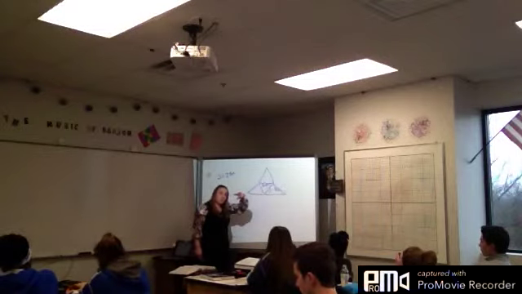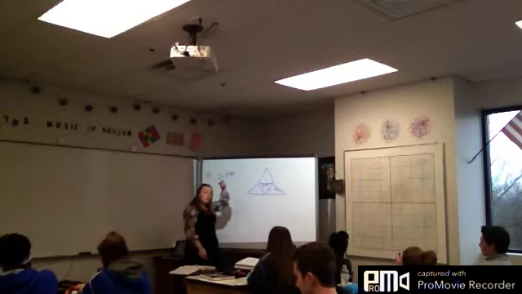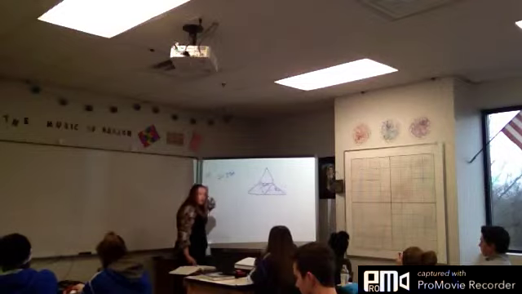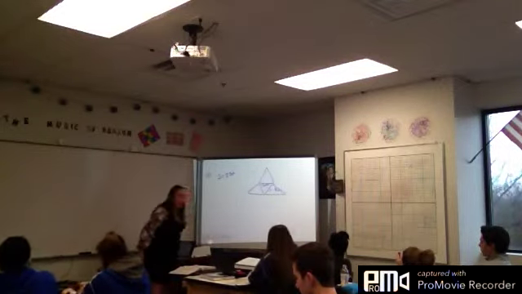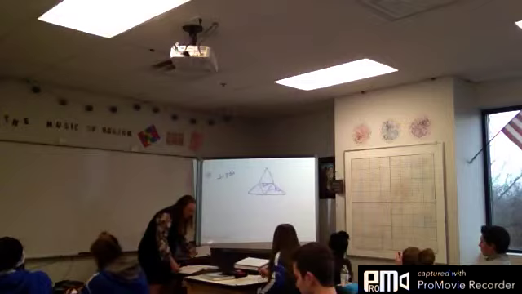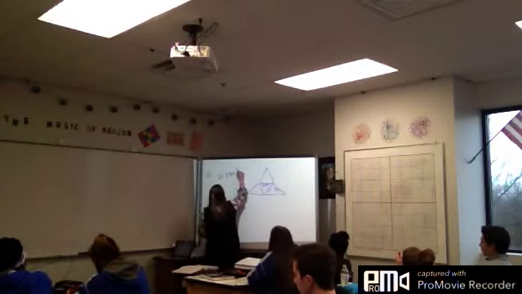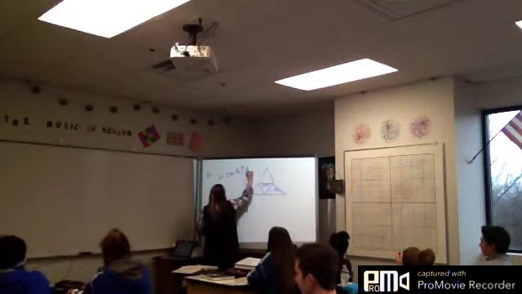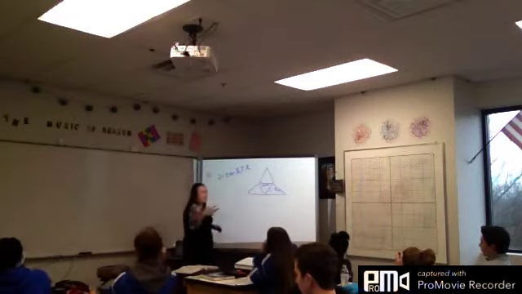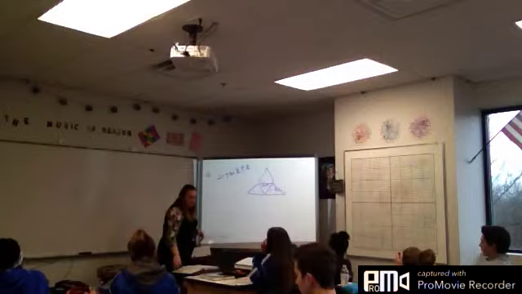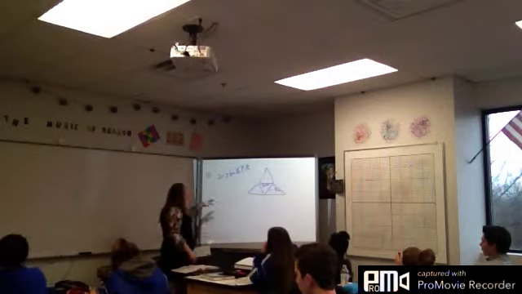Otherwise, the second portion of the formula is still the same: 2 times my side times my slant height. Or the way you can rewrite it is 1/2 of my perimeter times my slant height. That's the same thing. 1/2 of my perimeter is the same as 2 times my side.